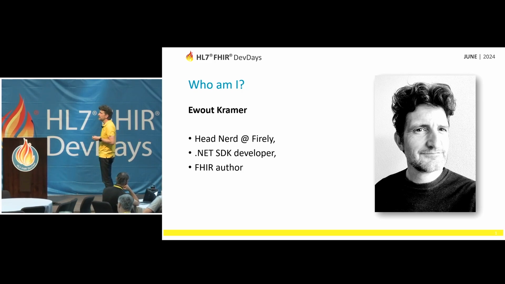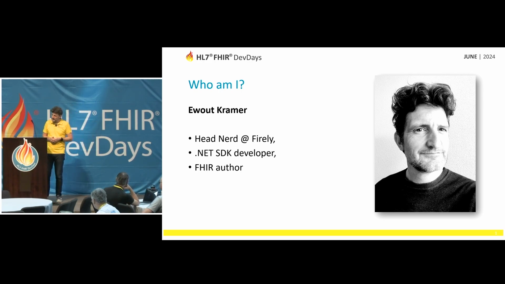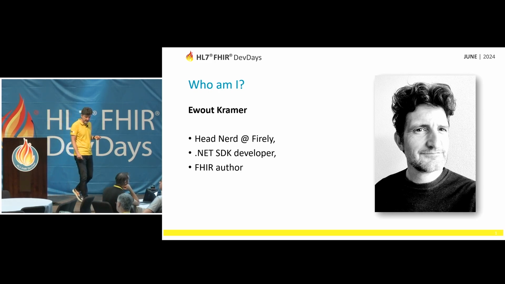Most notably, I think, structure definition. That's my pride. Anyway, both of these things mean that I feel responsible for making cross-version extensions work at some point in time. And on the other hand, I'm an SDK developer, so I actually have to make them work in code on the .NET stack at some time, and I can tell you that's truly scary.